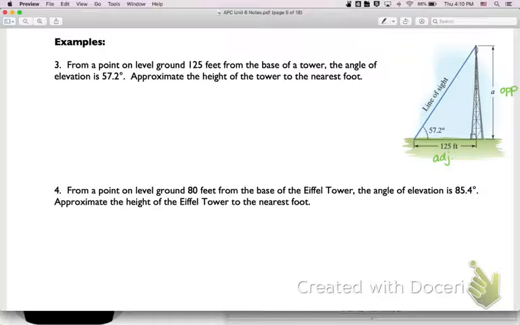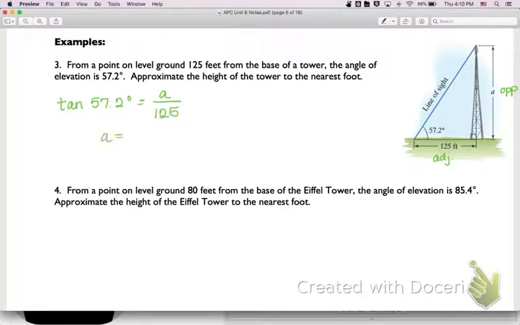Pause the video, see if you can decide which trig function you're going to use, set it up, and solve for A. So we should pick tangent because it's opposite over adjacent. So the tangent of 57.2 degrees is equal to opposite, which is A, over adjacent, which is 125.